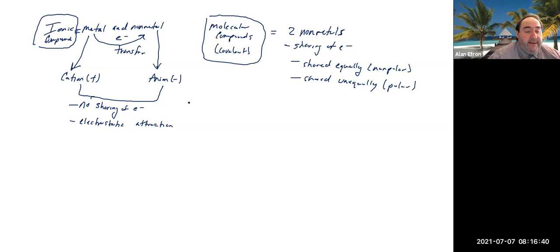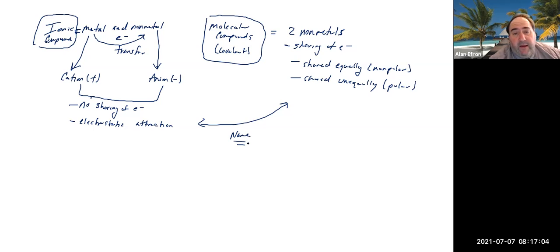So this, much like in the bonding, how we represent the different types of bonding when we draw things like Lewis structures, is our distinction and difference in how we go about naming these guys. So the way that we name molecular compounds is definitely very different than how we name ionic compounds.